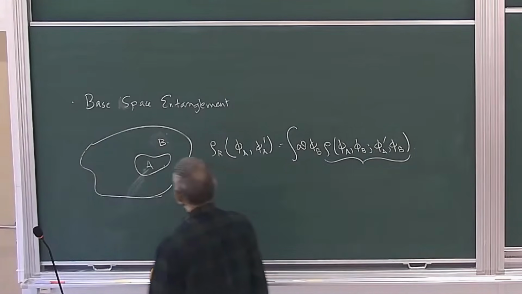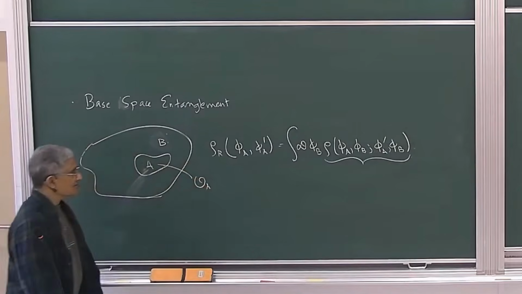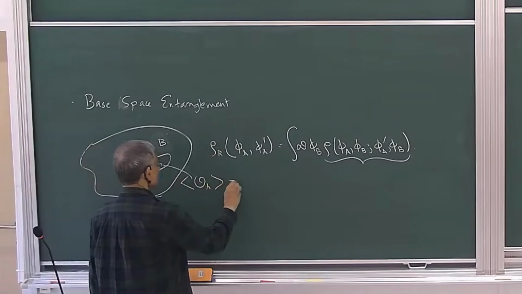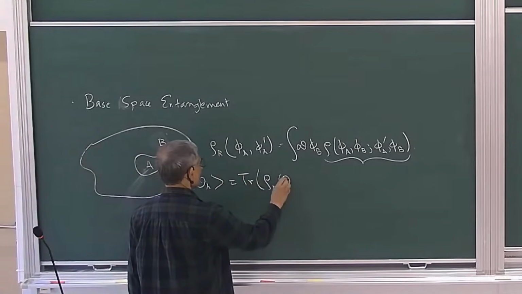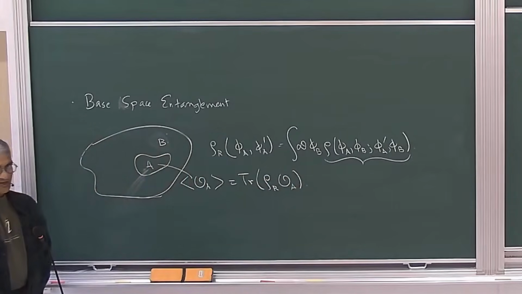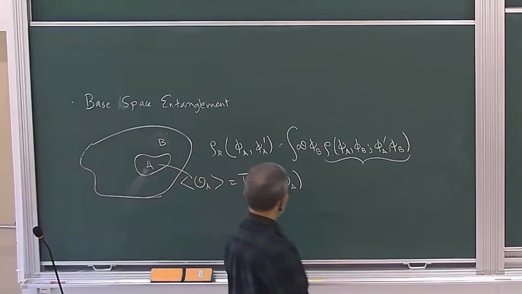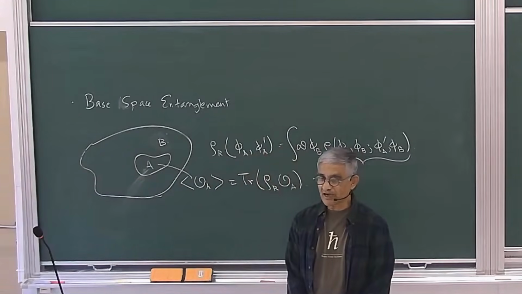And if I'm only interested in observables which are localized in this region, then in this state, I can write this in terms of a reduced density matrix. So that's quite standard.